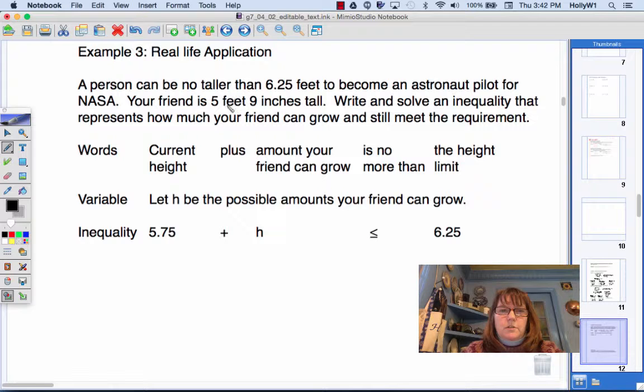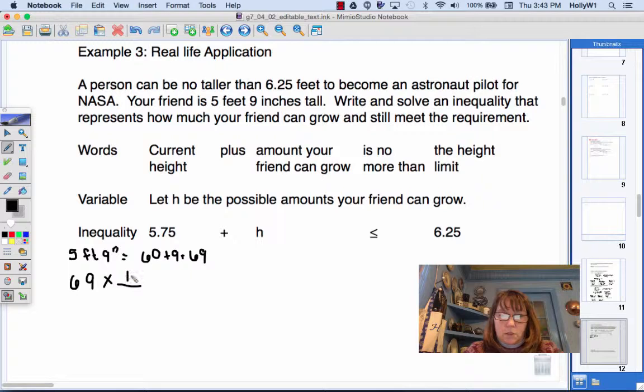The way that they figured out that it was 5.75 was, let's see here, 5 feet 9 inches is equal to 60, because 5 times 12 is 60, plus 9, so that's 69 inches.